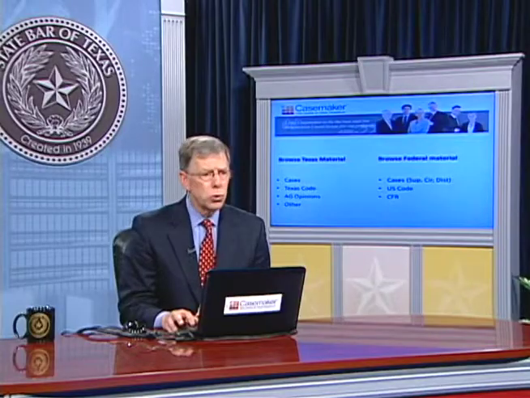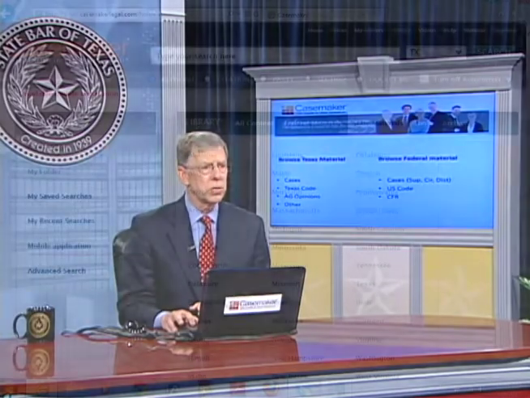Browsing works best when you already know the legal citation of the case or the code or the AG opinion, and you just want to drill down and pick up that single item. So we'll go online in just a moment and see how that actually works in practice and show you what a tremendous resource this is.